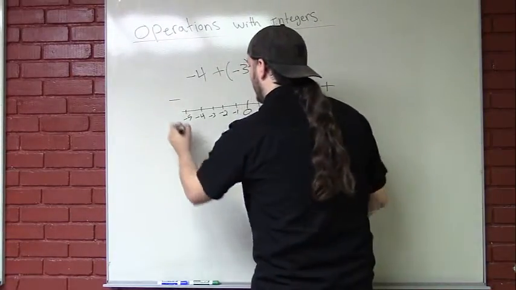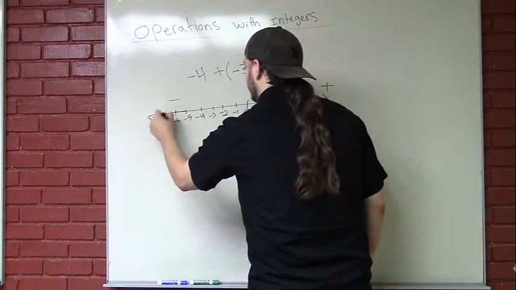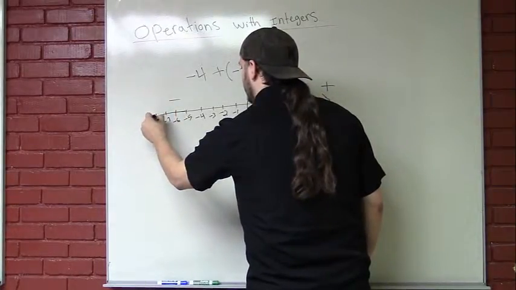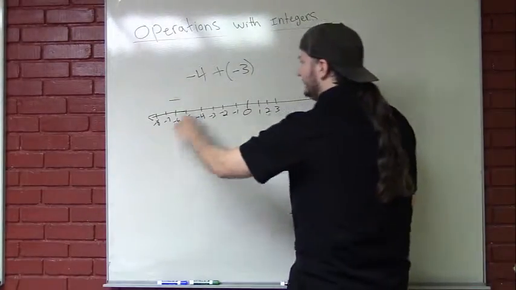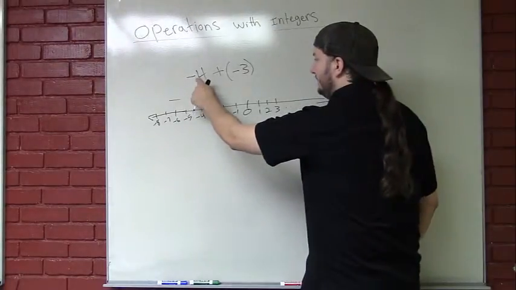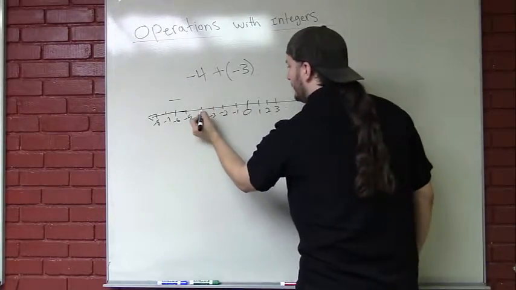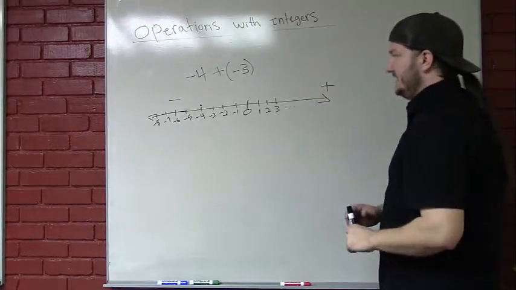Let me make this a little bit longer. Negative 6, negative 7, negative 8, and so on. The reason I made this side much longer is because we're dealing with negative numbers here. So what you're going to do is start at this negative 4. So you go over to negative 4, and you can put a little dot above it just to indicate that.